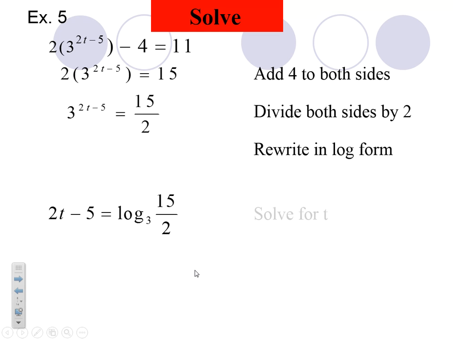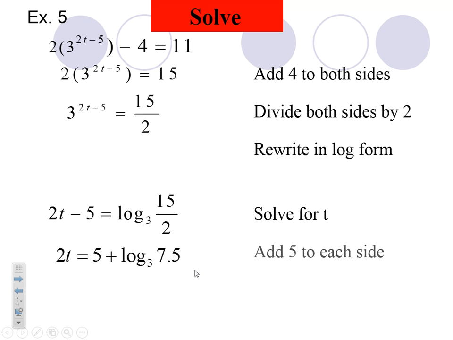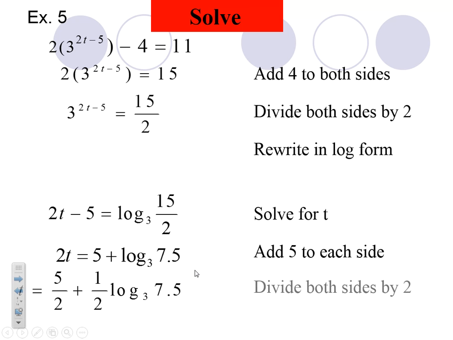At this point, we can now isolate the variable t. And to do that, we would add 5 to both sides, and then we would divide both sides by 2, and now we will just use our calculator to get the solution for t, and t is approximately 3.417. And of course, please do a check.